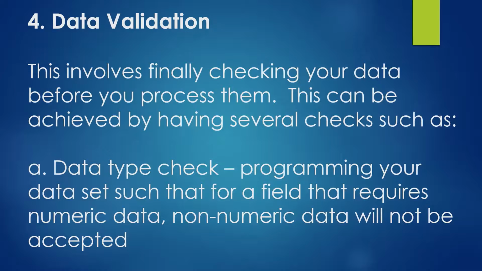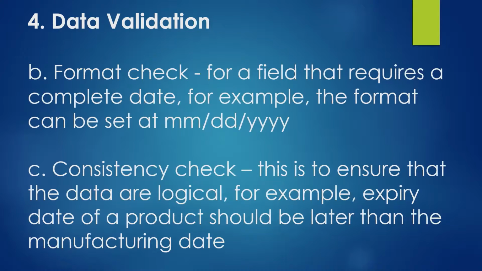For example, for a field that requires numeric data, non-numeric data will not be accepted by this field. So in the spirit of ensuring that that does not happen, there might be a control that can be put into that column such that only numeric data would be accepted.